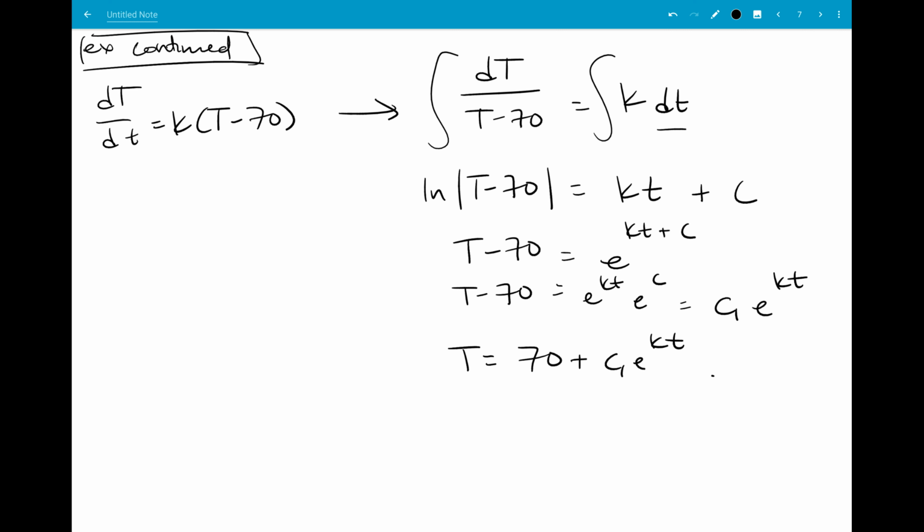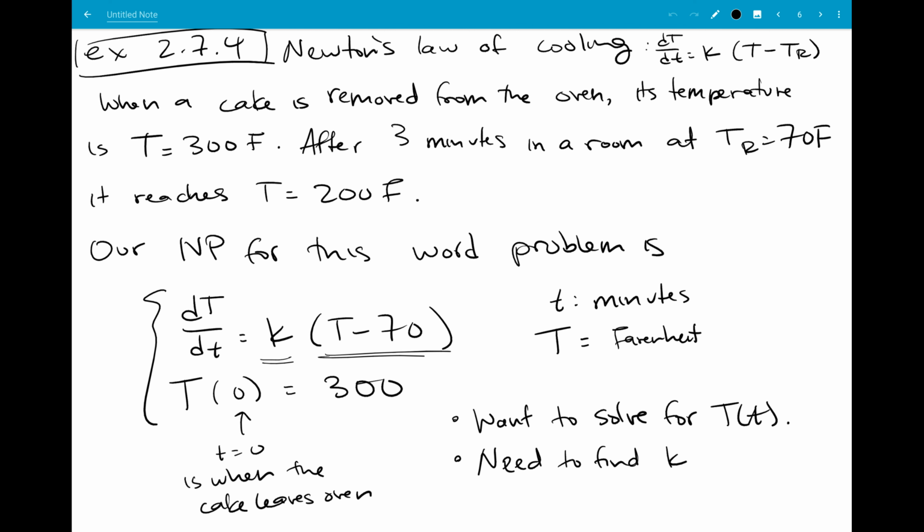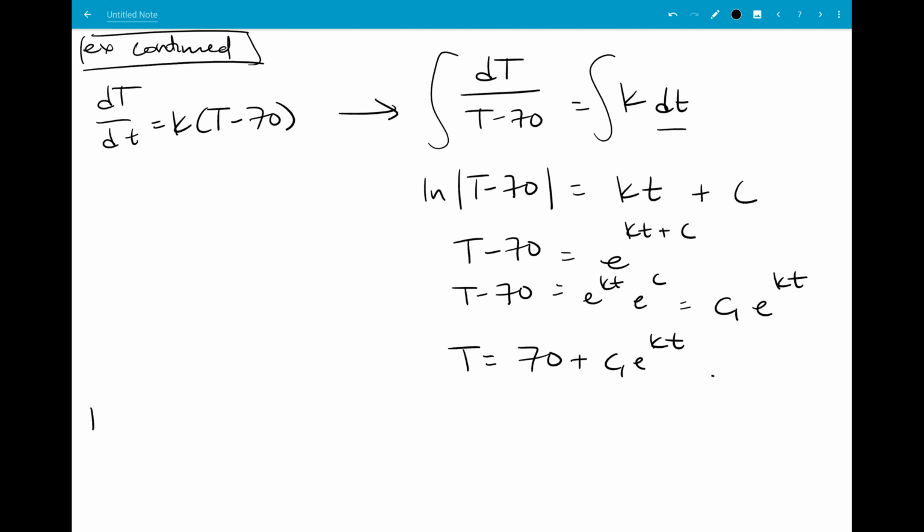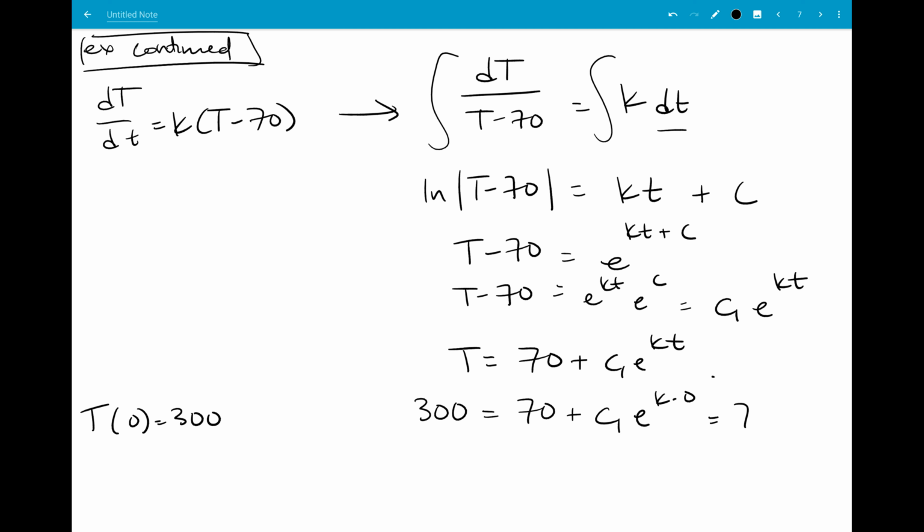Now, I'm going to solve for my unknown constant c1 using my initial condition, because that's something I know how to do. I need T of 0 equals 300. So 300 is equal to 70 plus c1 e to the k times 0, and e to the 0 is 1. So that's just 70 plus c1.